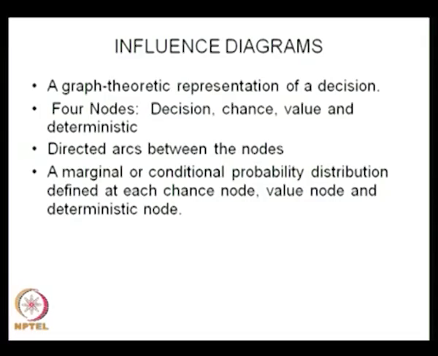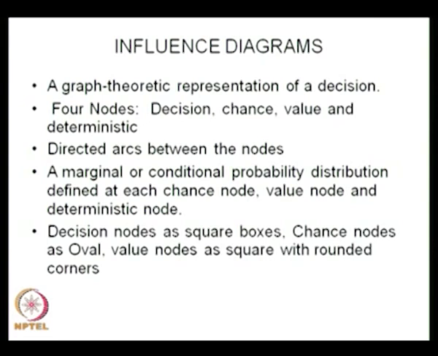And then a marginal or conditional probability distribution is defined at each chance node, value node, and deterministic node. So we can define some kind of probability for these nodes, and that can be incorporated into the influence diagram, which will tell you how much dependency is there between different nodes. Here the decision nodes are square boxes, chance nodes are oval, and value nodes are square with rounded corners.